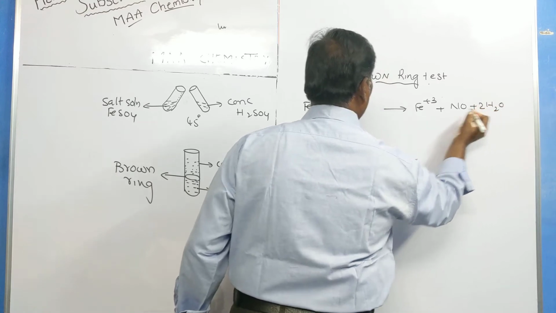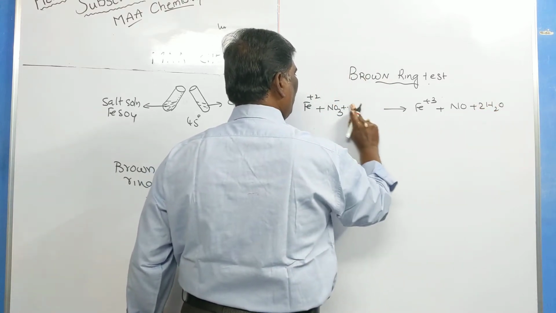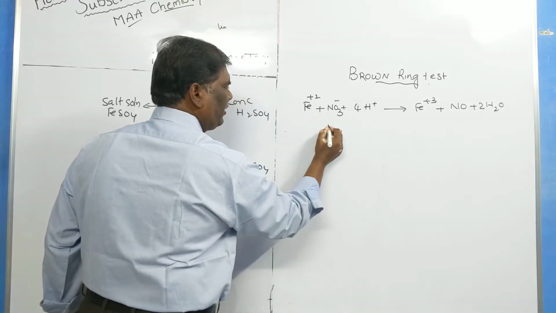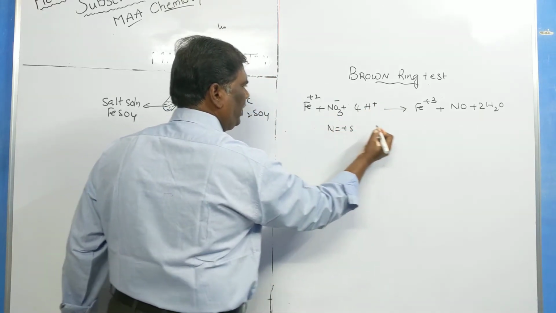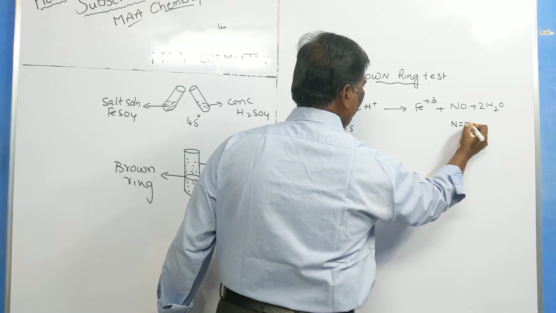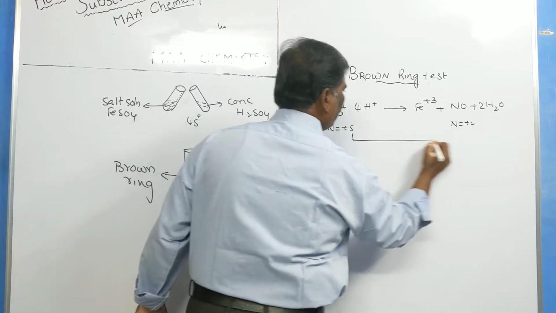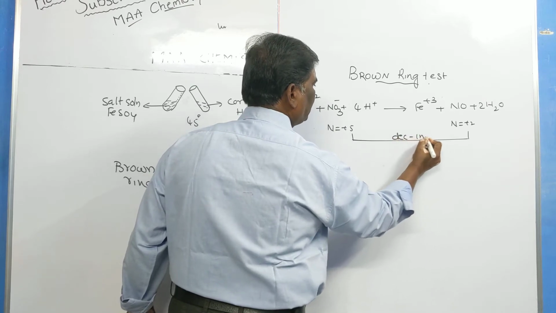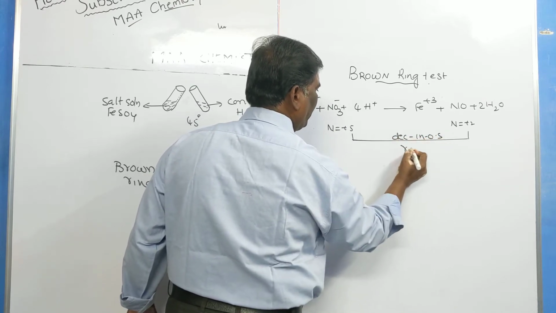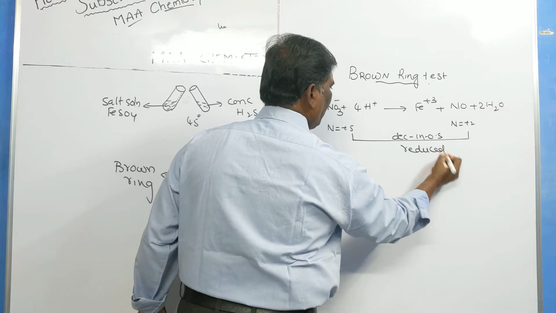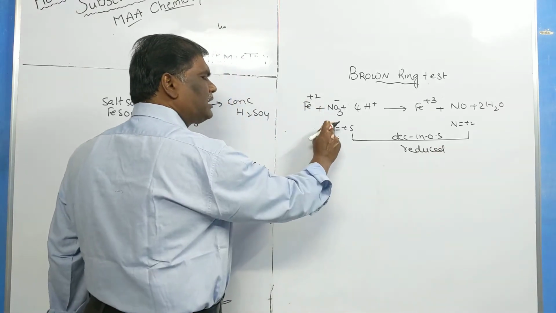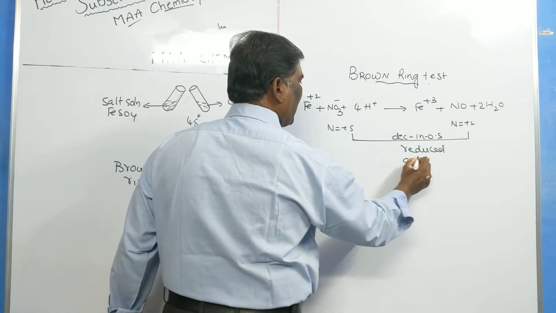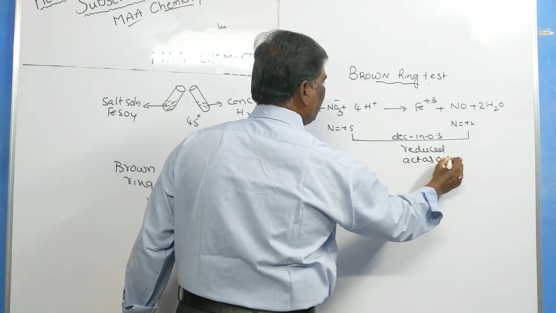Now listen to me. What is happening? The oxidation state of nitrogen in nitrate is +5, and in NO the oxidation state is +2. Here the oxidation state is decreasing, and a decrease in oxidation state is called reduction. So nitrate is reduced into NO, which means it acts as an oxidizing agent.